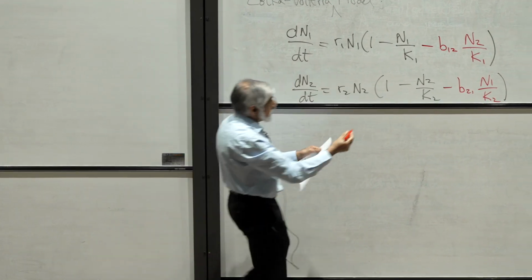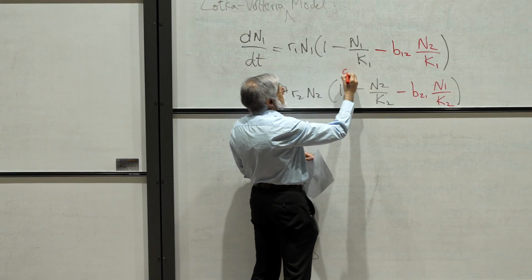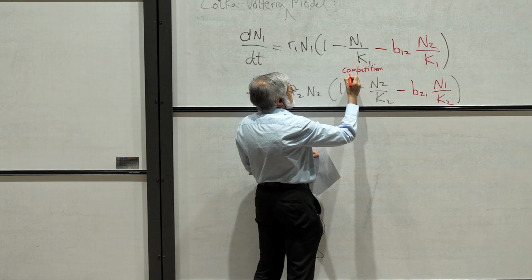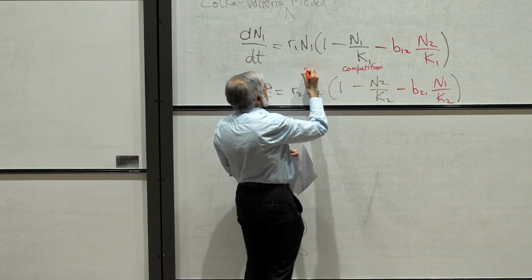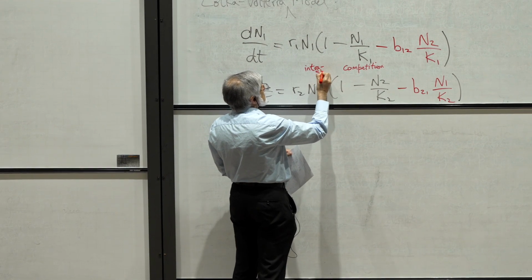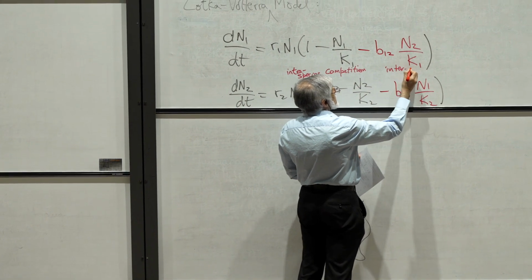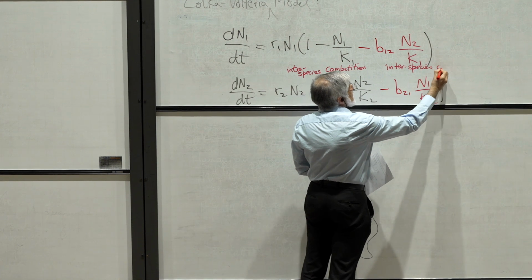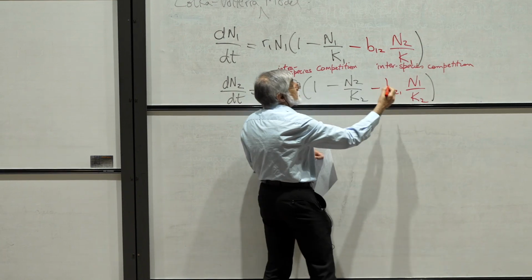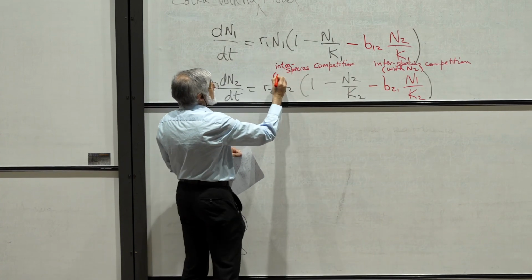So we could call this interspecies competition, and intra-species is competition with itself. This would be interspecies competition, that with the other, with N2, and this one with itself.